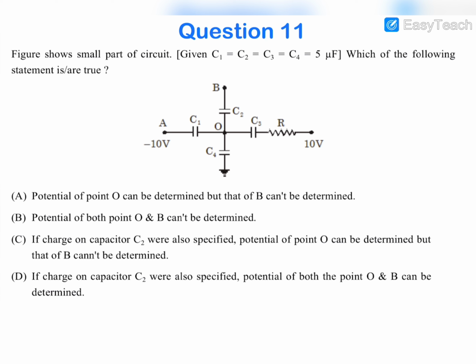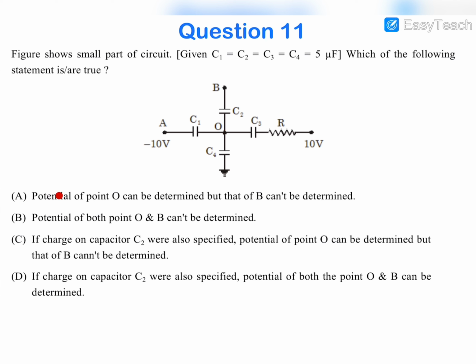We have this situation and we need to find the potential of O. We can apply nodal analysis, but there is a problem: in nodal analysis we need this potential to find the potential of O. So if VB is not known, then we cannot find the potential of O.